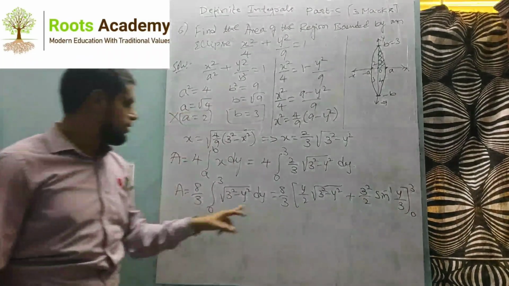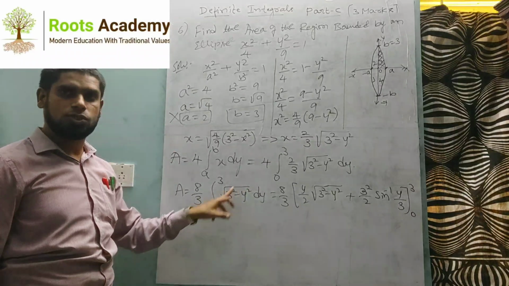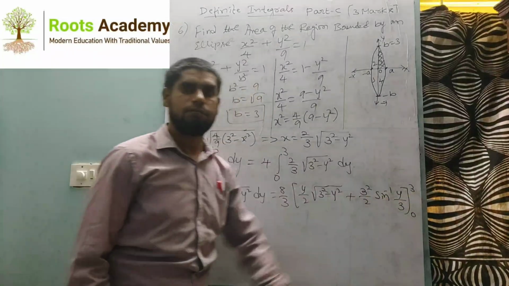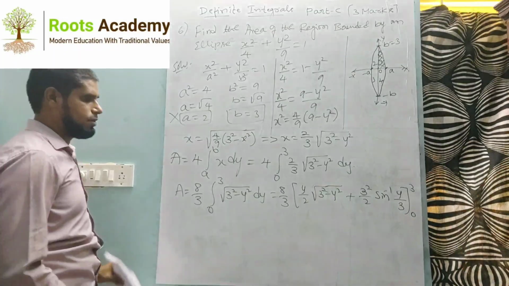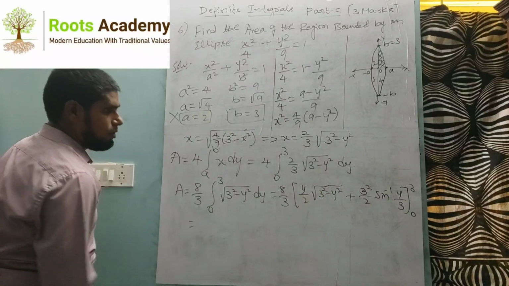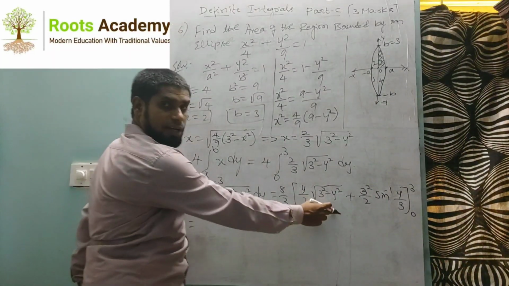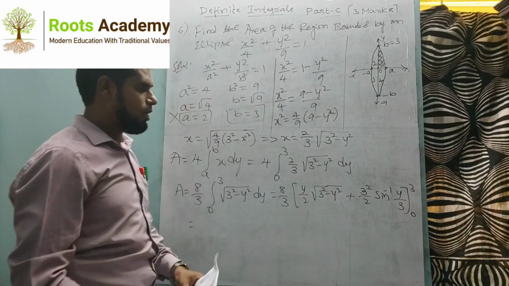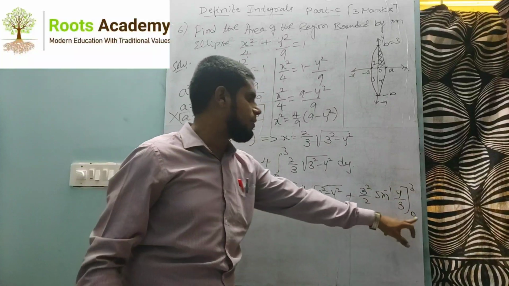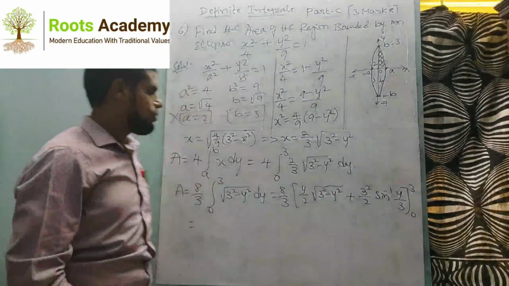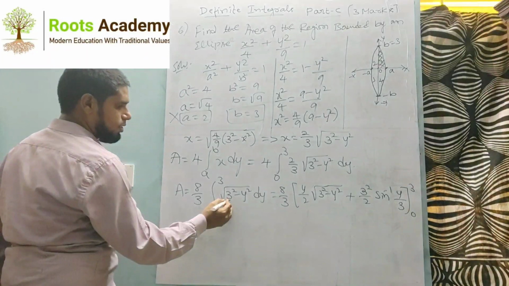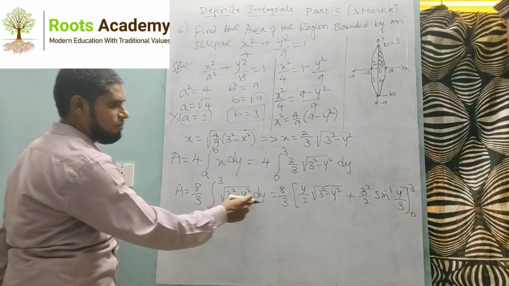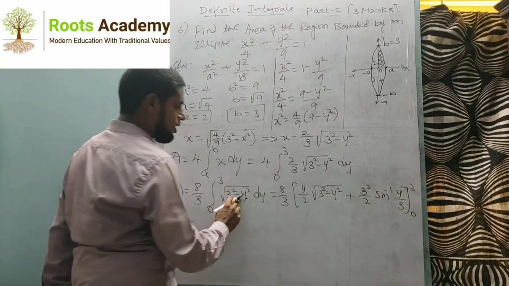This is the a square minus x square formula. The a value is substituted as 3 here. Now student, wherever y is there, I will just write the upper limit; the lower limit is 0. The a value is 3, the y value is the upper limit.